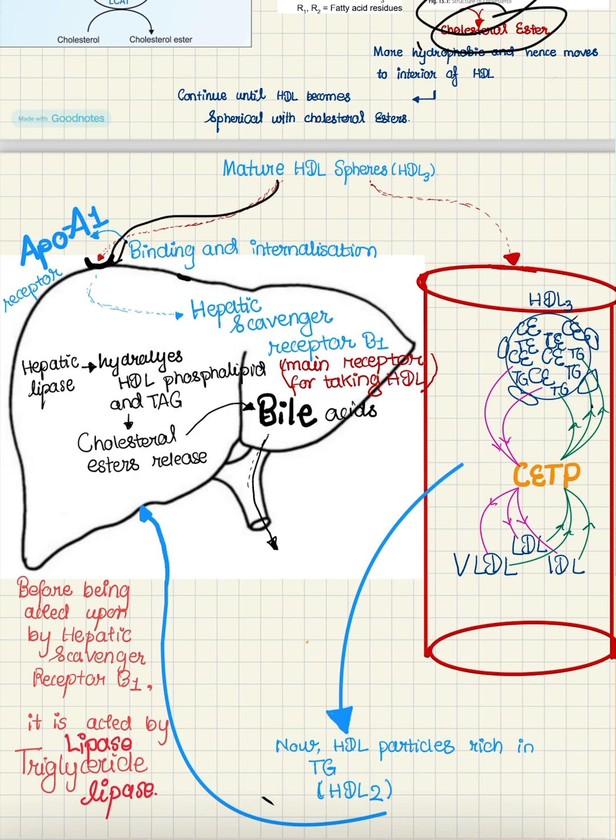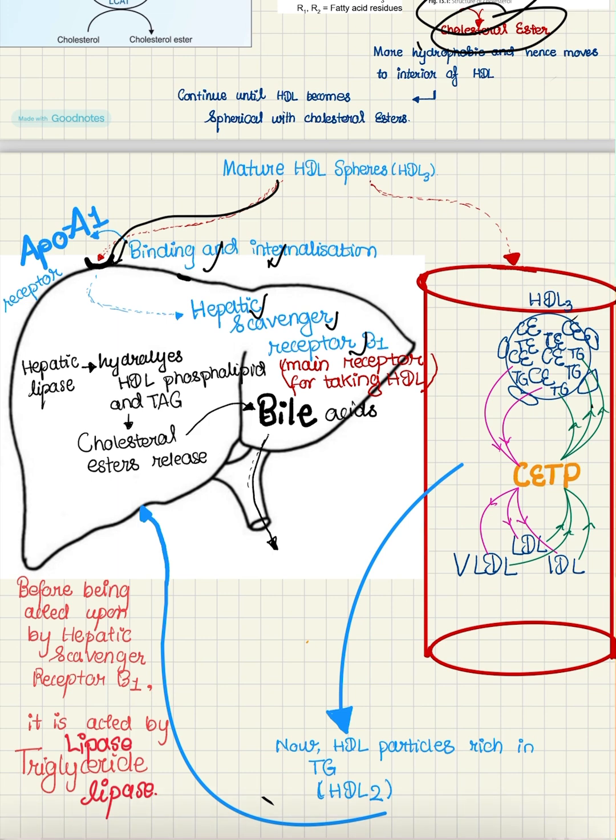Firstly, it can bind to the ApoA1 receptor. The ApoA1 present in the HDL can be identified by the ApoA1 receptor, and binding and internalization occur. But the point to note is that it is not the main receptor that takes up the HDL. The main receptor that takes up the HDL is the hepatic scavenger receptor B1. It mainly helps in the internalization of HDL.